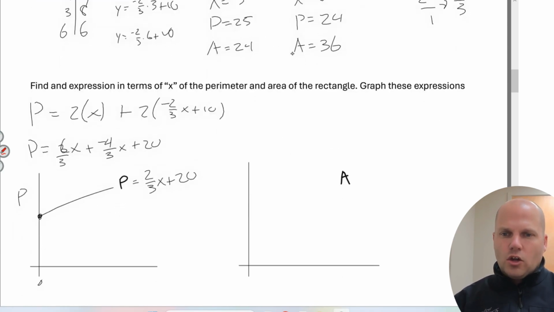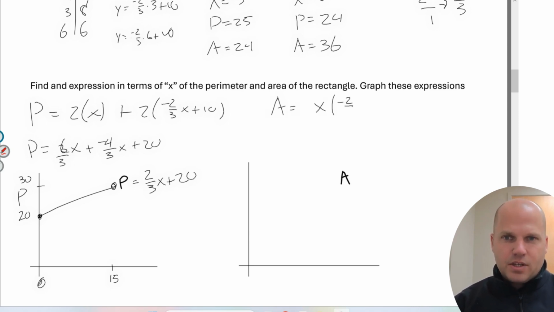So we're going to go all the way from 0 to 15. And if we go all the way to 15, we are going to have a perimeter of 30. 15 divided by 3 is 5. 5 times 2 is 10. So this is 30. So we can see that our perimeter starts at 20 and goes to 30 over the course of our lengths being 0 to 15. If we do our area, it'll be the base times the height.